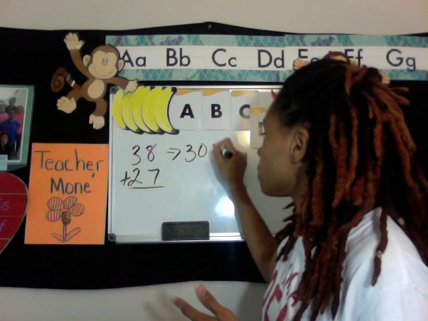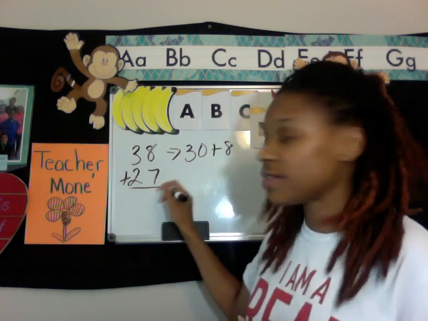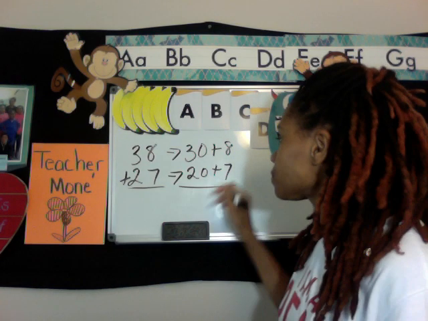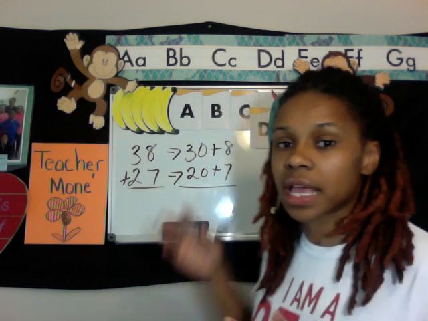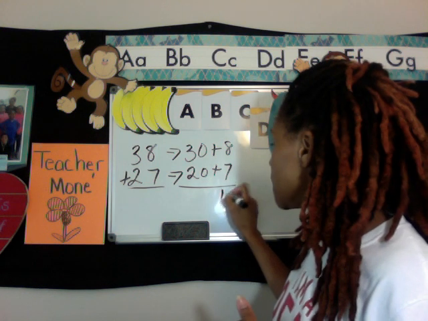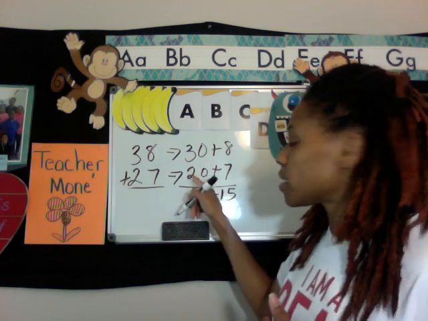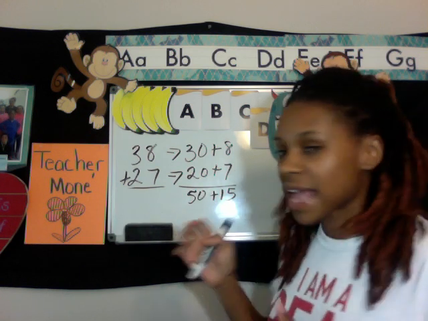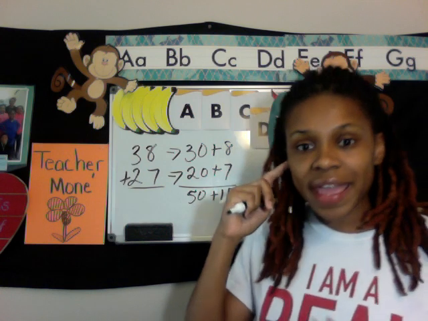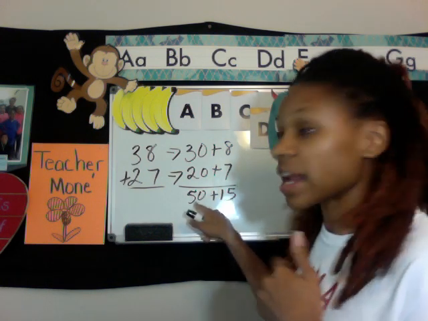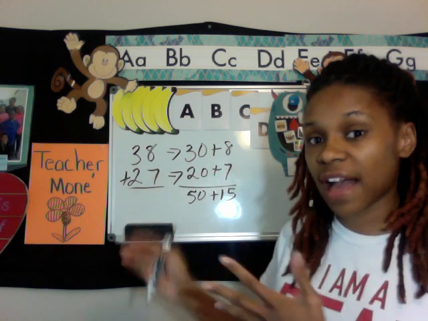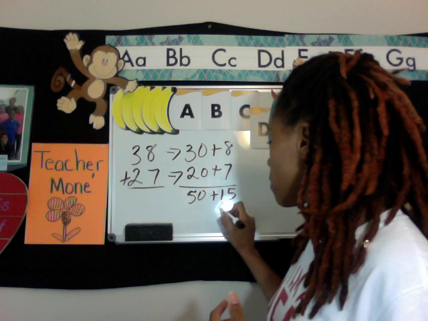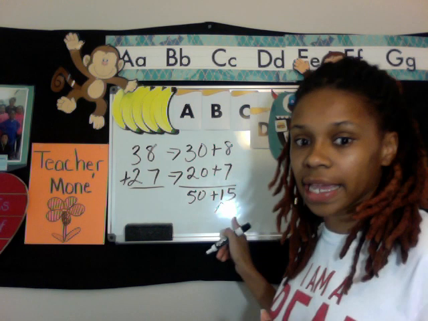38 expands to 30 plus 8. 27 is expanded to 20 plus 7. Now we're going to add these numbers. 8 plus 7 is 15. 30 plus 20 is 50. Now, as a second grader, if I don't know that 50 plus 15 is 65, I am going to take this a step further and expand this number, making what we call here a number bond.